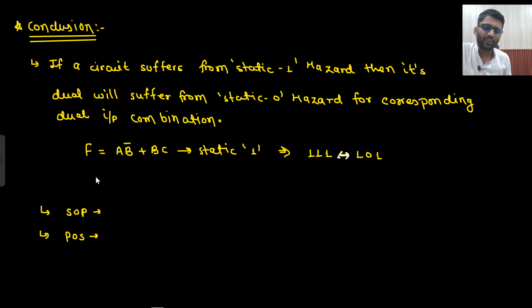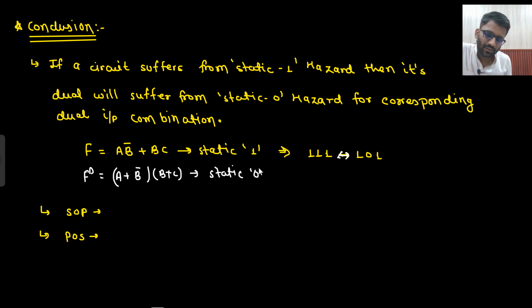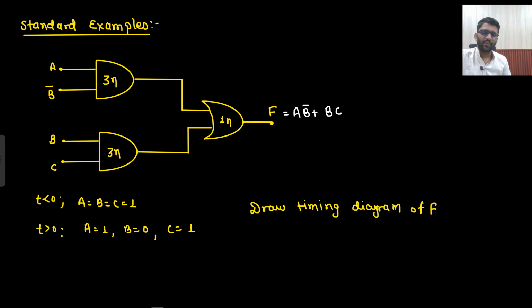So just take the dual of this. So F dual, that is A plus B bar into B plus C, will have static 0 hazard for 000 to 010. Okay. Now if there is SOP form, this was the SOP form, right?